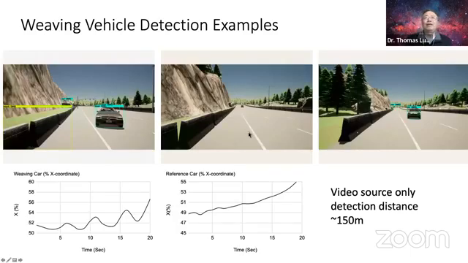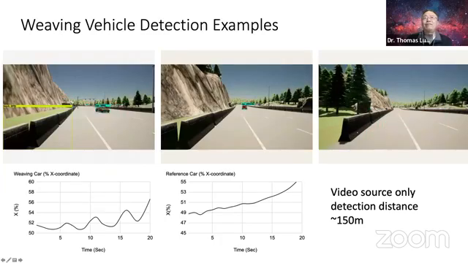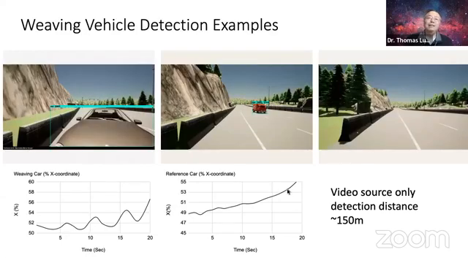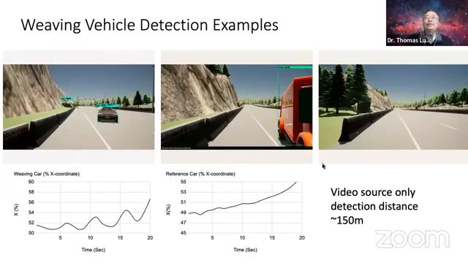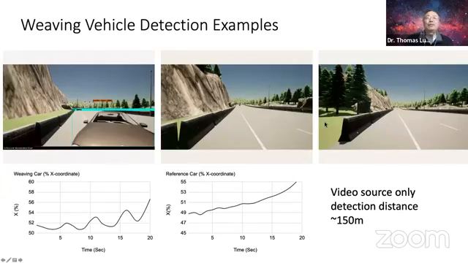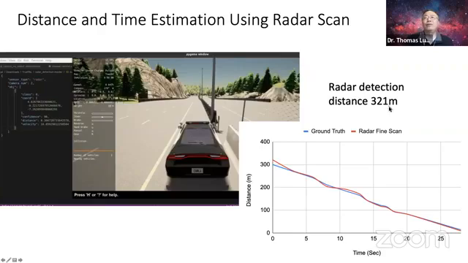If you are in a freeway or highway situation, you don't have a lot of time. It's probably maybe 3 seconds to 5 seconds. Right? But it's better than nothing. Then we also combine it with radar. Radar can detect further away. So we tested the radar at around 321 meters.